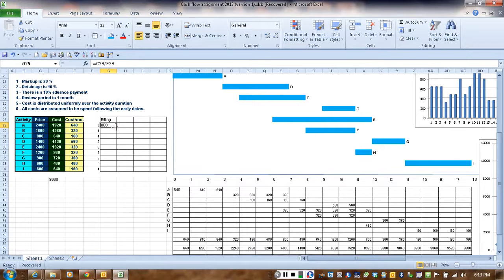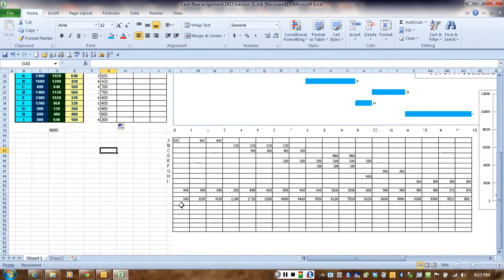And let's copy that to all the other ones. So that's the price per month for each activity, which is basically the total price divided by the duration. So at the end of the first month, I'm going to bill the client for $800. So the billing is going to be here, 800, and so on.